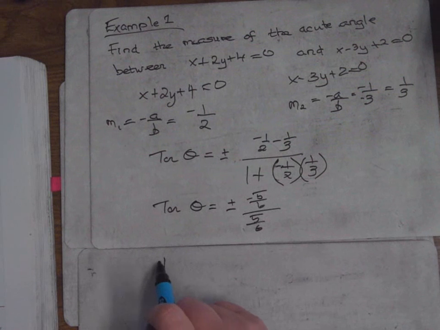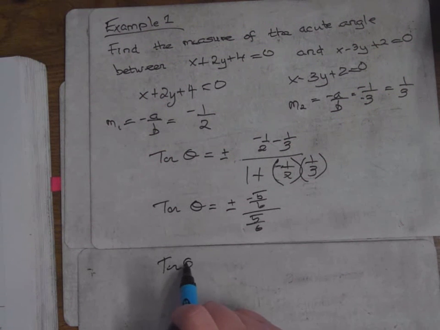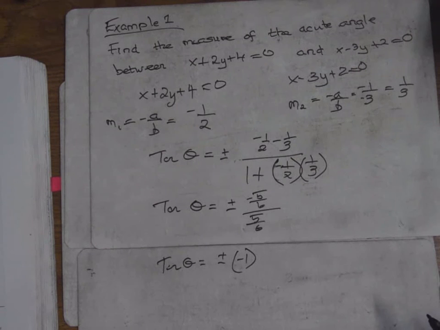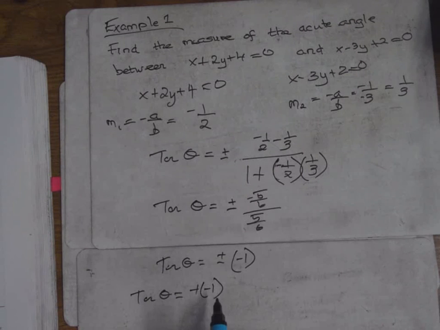So tan theta equals plus minus minus 1. So one answer is tan theta is equal to plus times minus 1, which is plus 1.